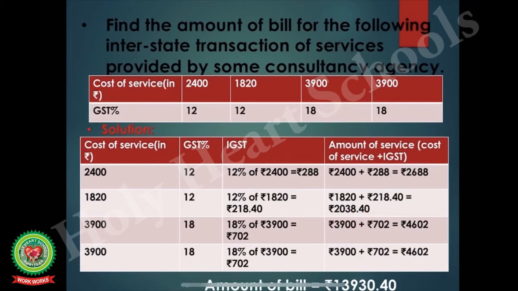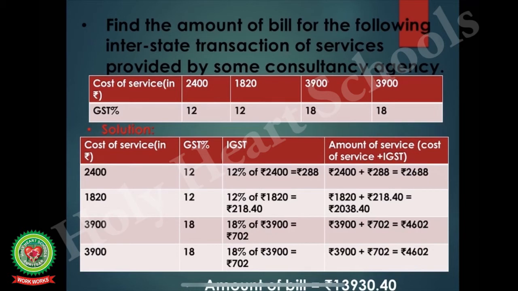The cost of the third service is rupees 3,900 and the rate of GST is 18%. So the IGST will be 18% of rupees 3,900, which comes out to be rupees 702. So the amount of service will be equal to 3,900 plus 702, which will be equal to rupees 4,602.